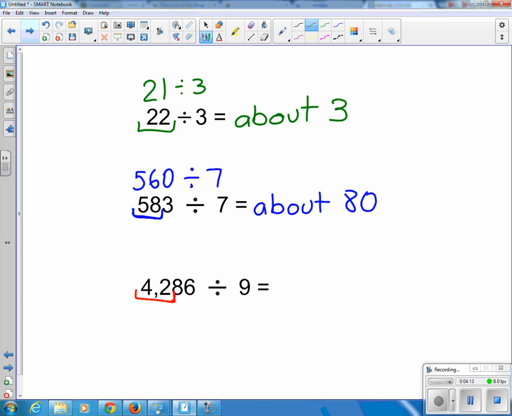So we're going to change this for 45. And the other two numbers will be zeros because it's easier to divide when you have zeros. And then 4,500 divided by 9. Well, 45 divided by 9 is 5. And then 2 zeros. So I can say that the estimate is about 500.